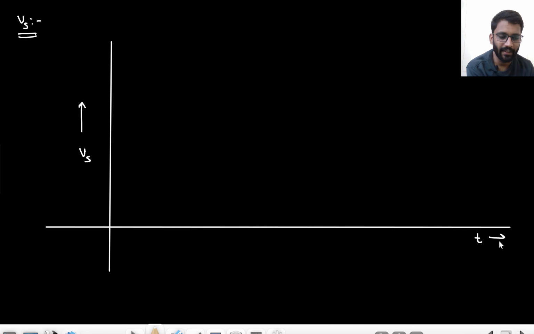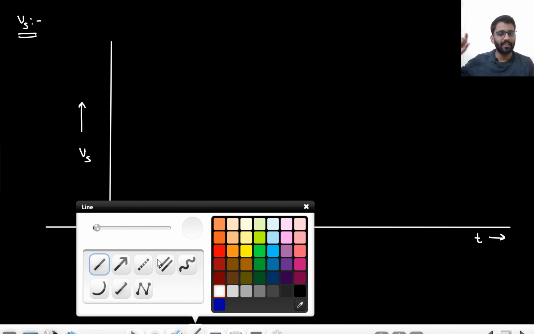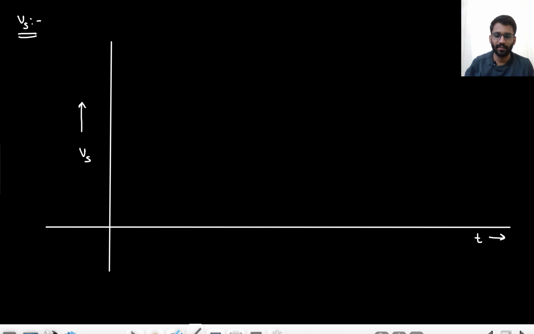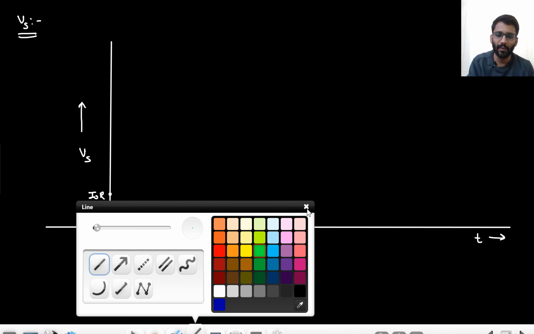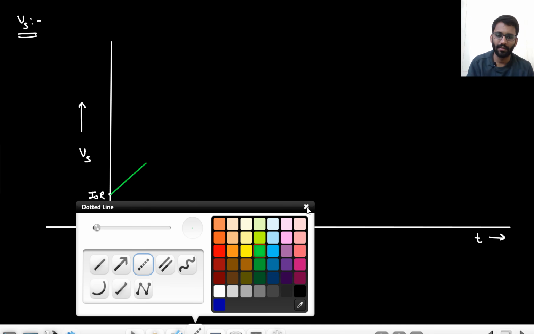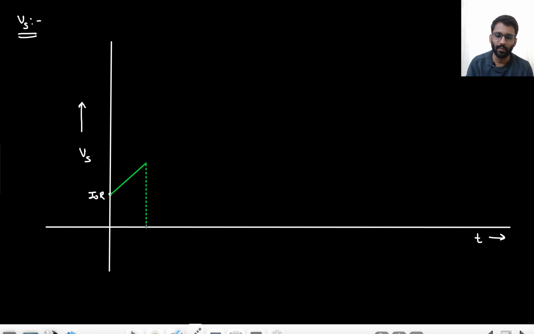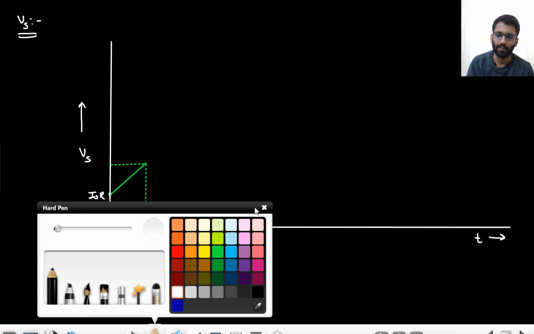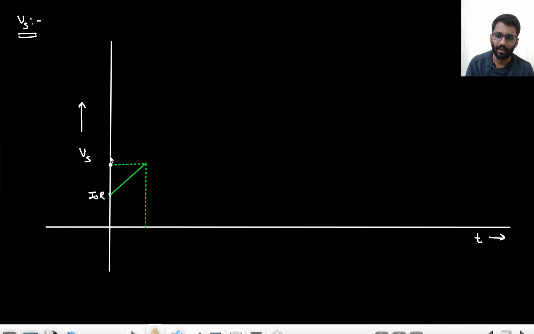Let's understand it directly. Initially the resistor will be having I naught R voltage, and the capacitor will develop more I naught R by 2 voltage. So from I naught R, we will reach till 3 I naught R by 2.